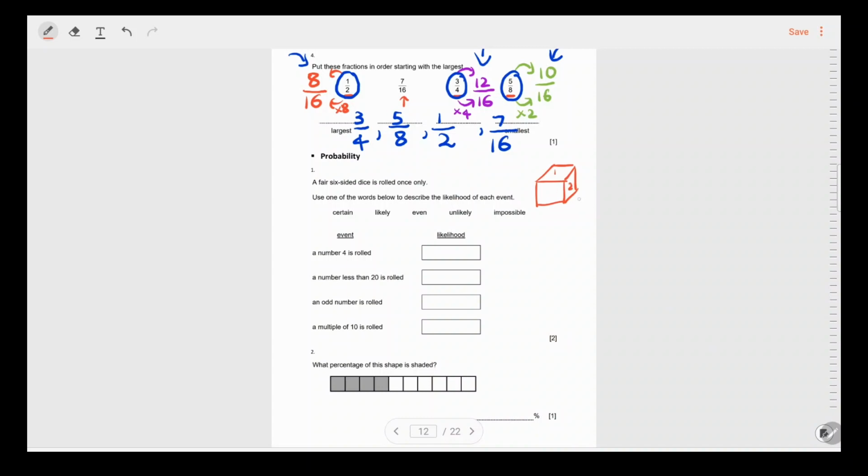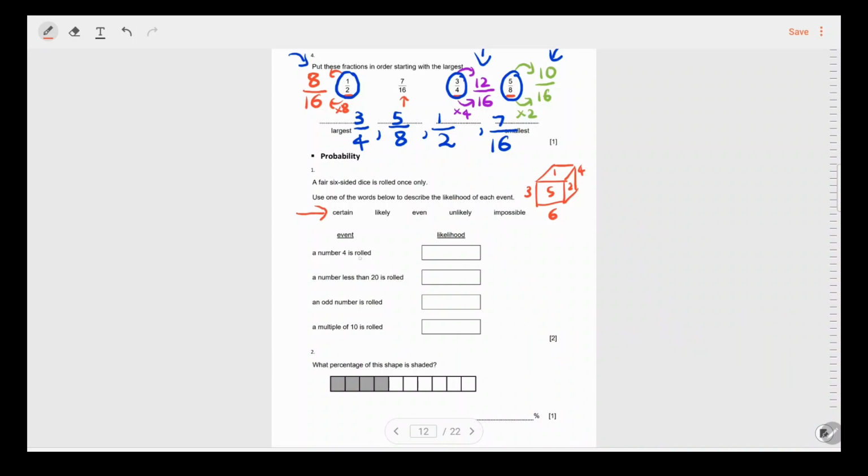So 1, 2, 3, 4, 5, 6. These are our possibilities. We are supposed to write the likelihood of each of these events occurring, and use one of the words below to describe the likelihood.